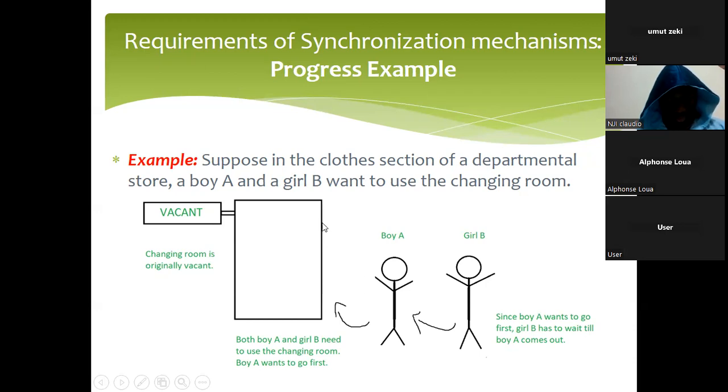He just stands in front of the changing room and waits, thinking what he's going to try. So the boy may think forever, and because of the boy, girl B will never enter the critical section.